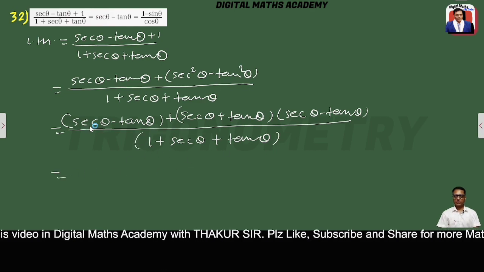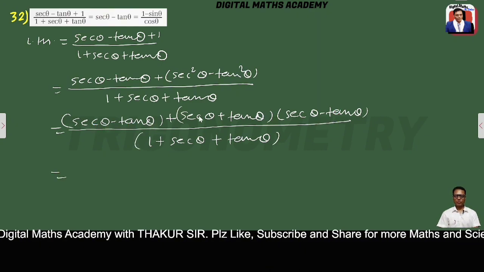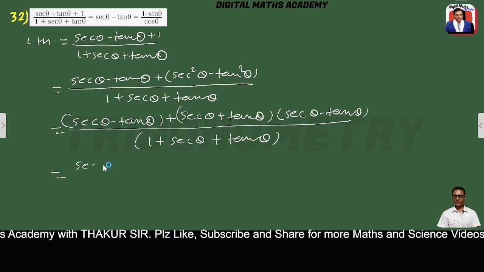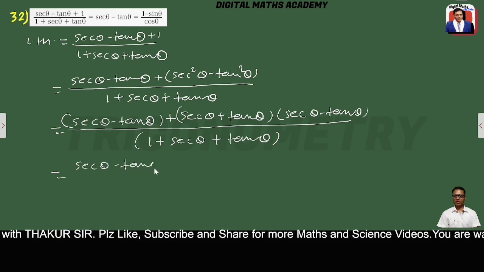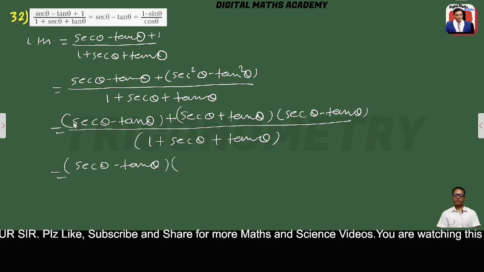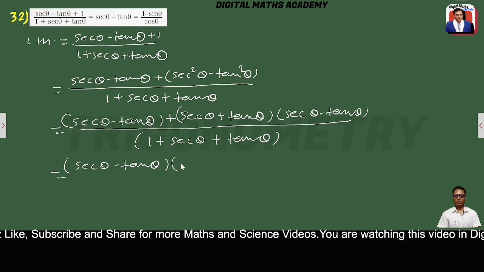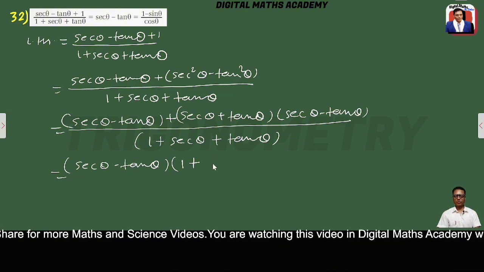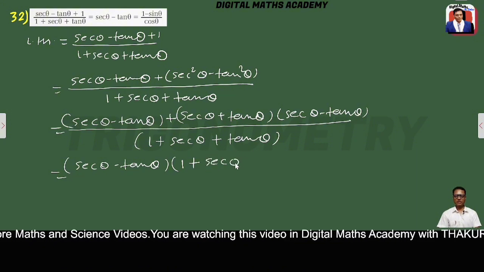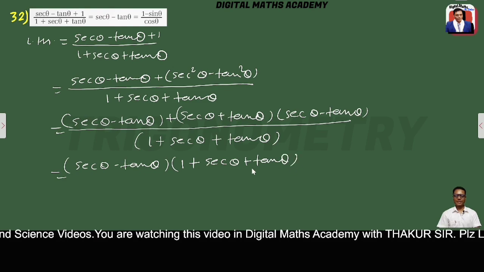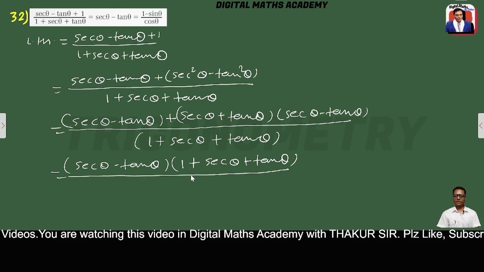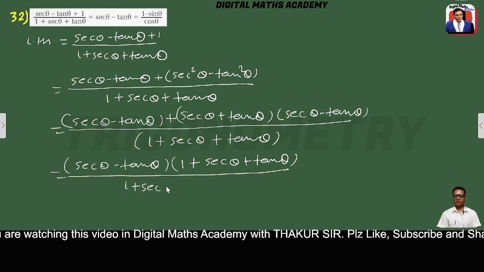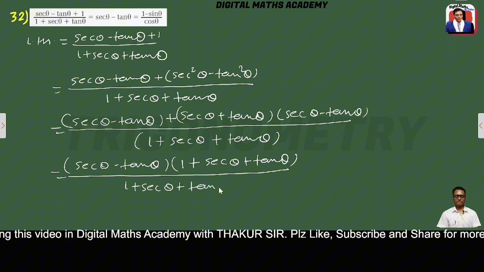Now we see sec θ minus tan θ is common, right? So we take sec θ minus tan θ common. So when we take common, at the place of sec θ minus tan θ we get 1 plus, and here sec θ minus tan θ came as common, so we have here 1 plus sec θ plus tan θ, and at the denominator we have here 1 plus sec θ plus tan θ.